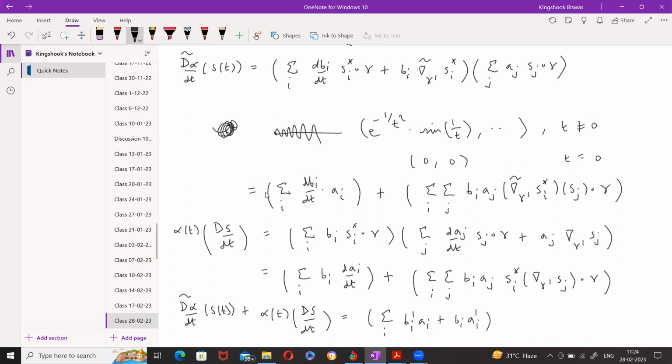Okay, plus, well, the other two terms, what will this give me? This is sum over ij. I'll get bi aj, and then inside, when I add these two up, what do I get?